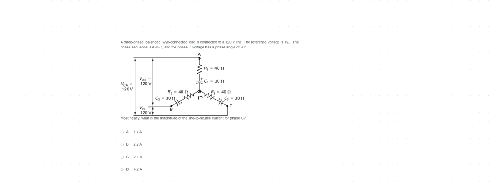VC to N. We're talking about from VC. Where's C? C is right here, to N. You want to find the value of that. So it's going to be what? VCN is what?